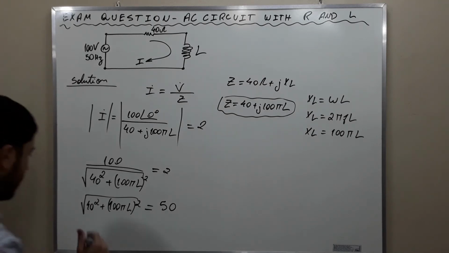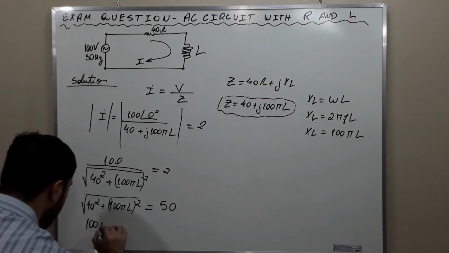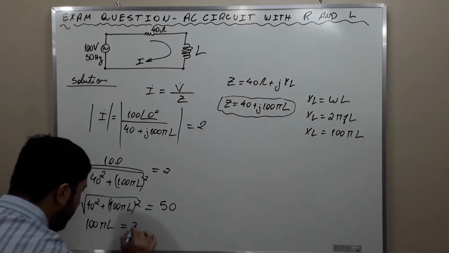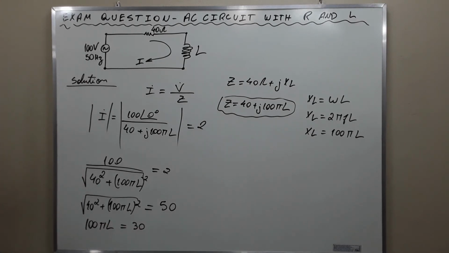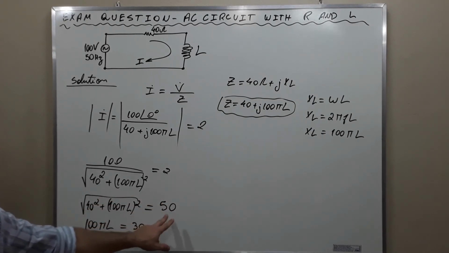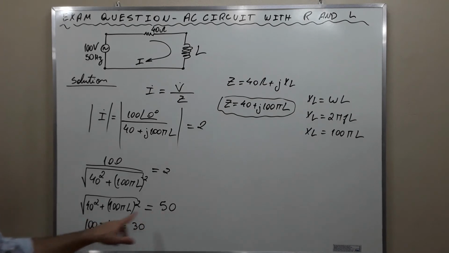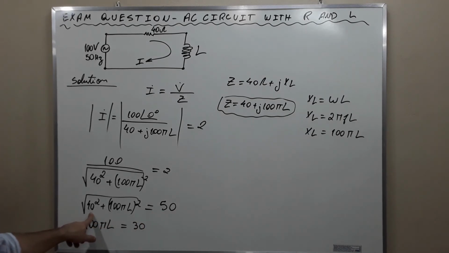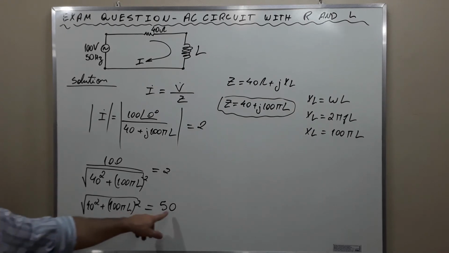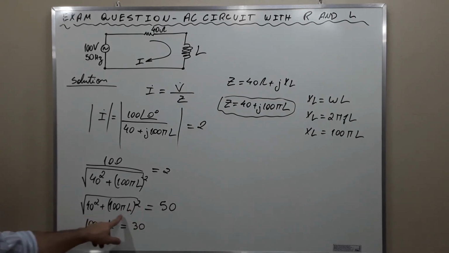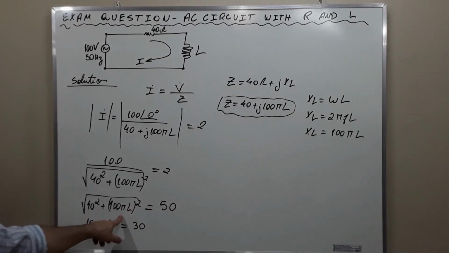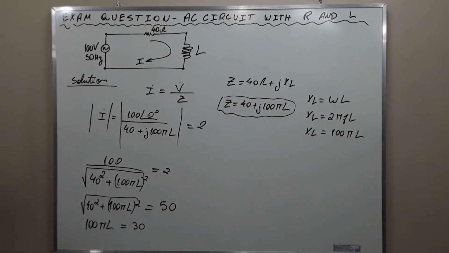And 100 pi L has to be equal to 30. Alright? We simply pass this root to this side, and here it becomes 50 squared, and here 40 squared, and we have a Pythagorean square here, 50 squared, 40 squared. Here, the only possibility is 30 squared.